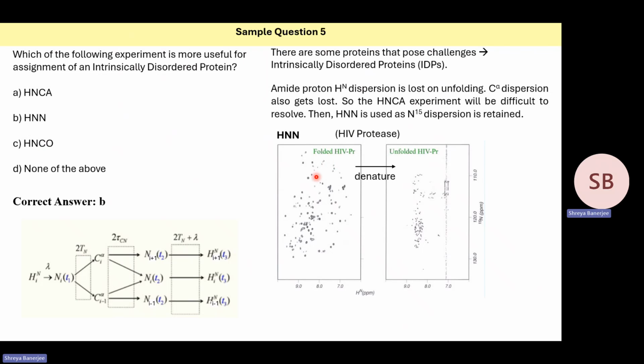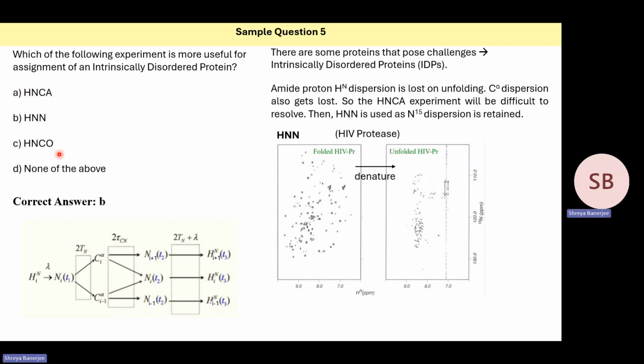You can see between folded and unfolded, N dispersion in both is more or less the same, around 110 to 130. So the dispersion of chemical shifts of nitrogen is retained in intrinsically disordered protein. So a good experiment is one which will use more of the nitrogen channels.